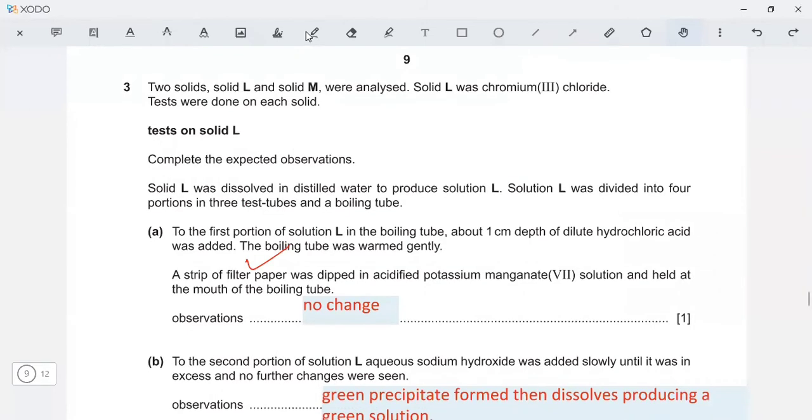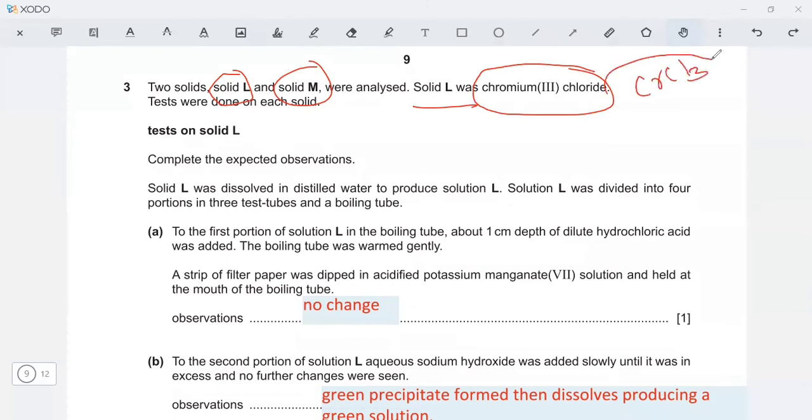This is question number 3. Two solids, L and M, were analyzed. Solid L contains chromium chloride. Chromium(III) chloride is basically chromium chloride.